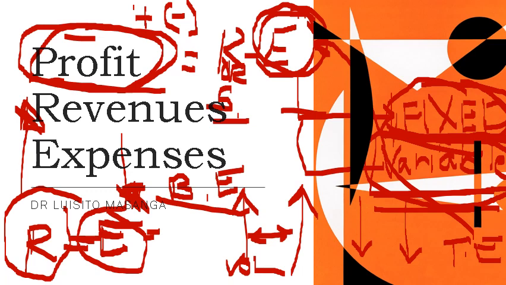And to compute for profit, you have to subtract expenses from revenues. So therefore, if revenues is equal to expenses, it is called a break-even point. And expenses has two types, fixed and variable expenses.